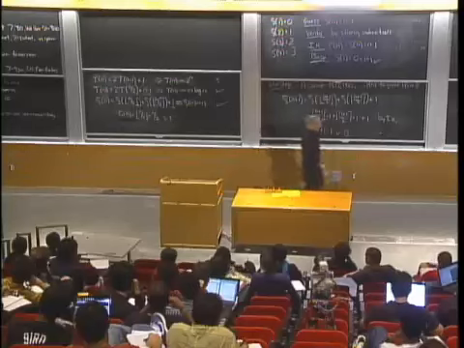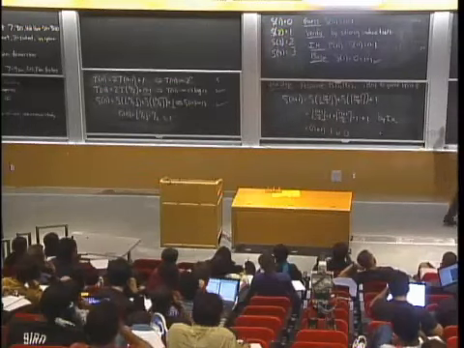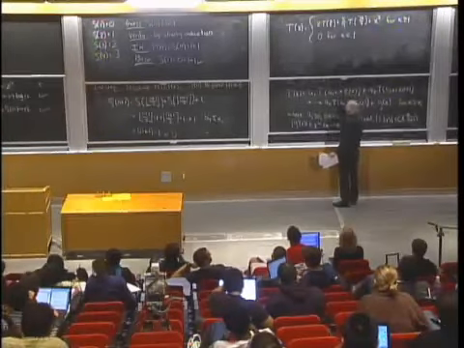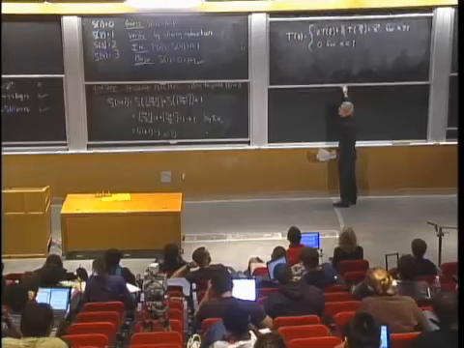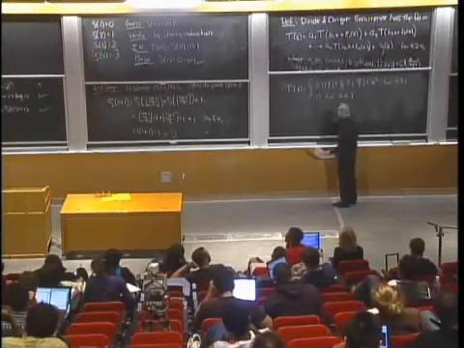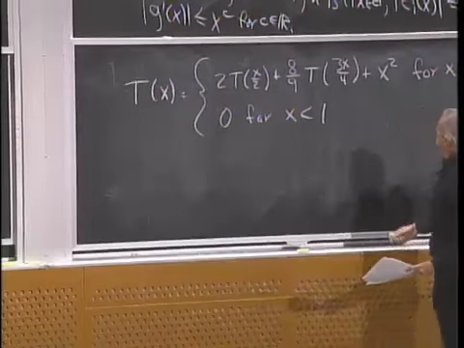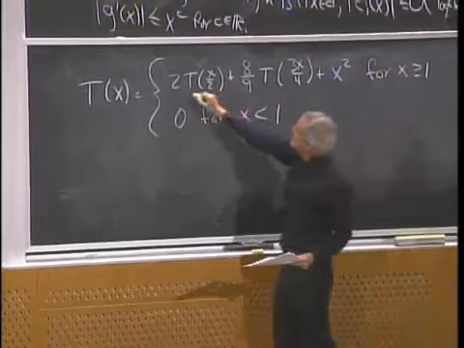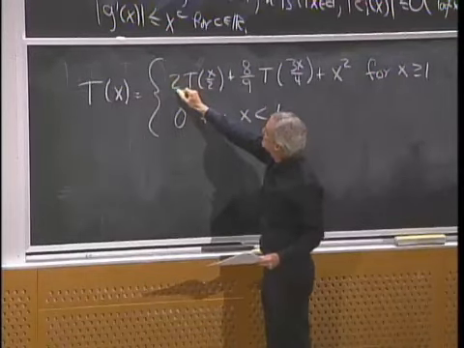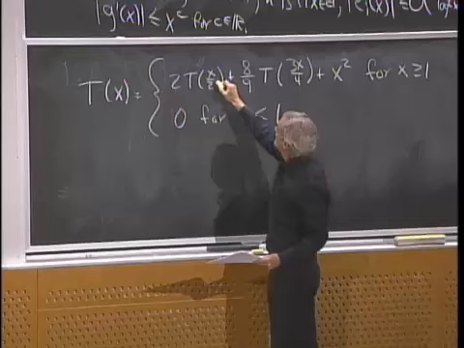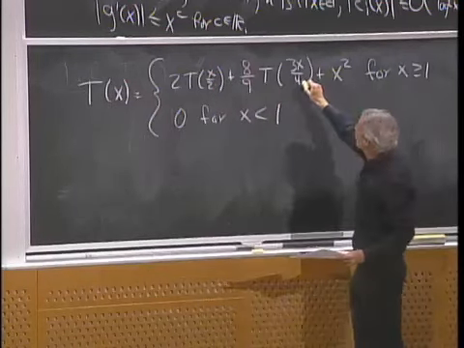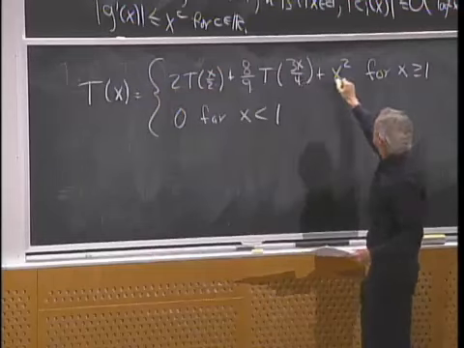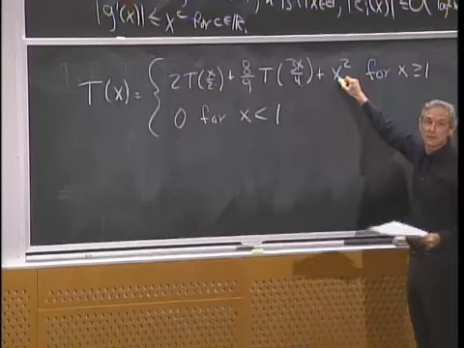What about, let's see, we should check that this thing qualifies. Let's check that. Well, yeah, I've got 2 constant, a1, T of half x, that's OK. 8/9, T of 3/4 x, that's OK. My g function is a polynomial. The derivative is 2x.